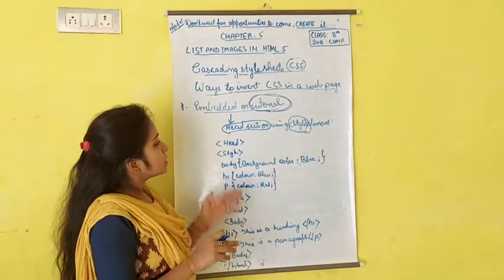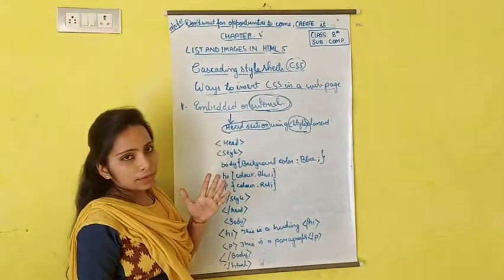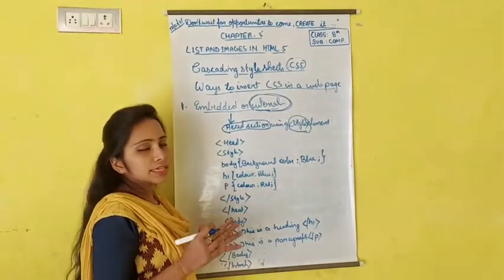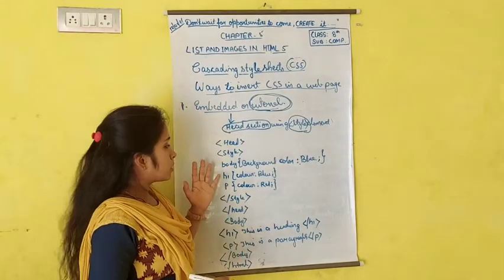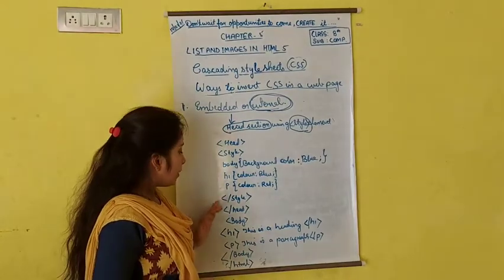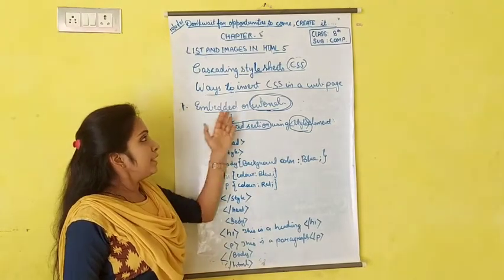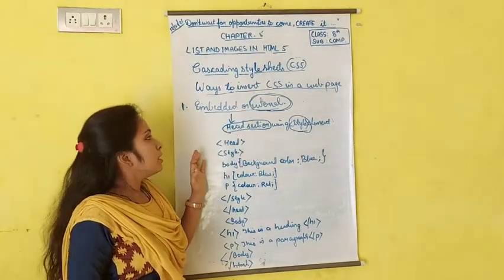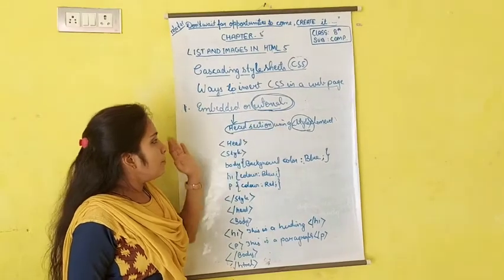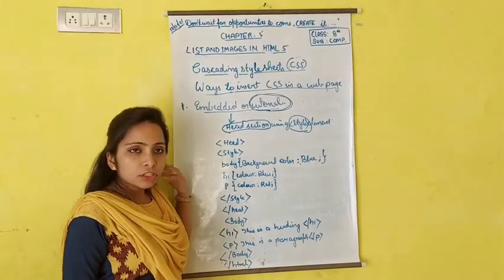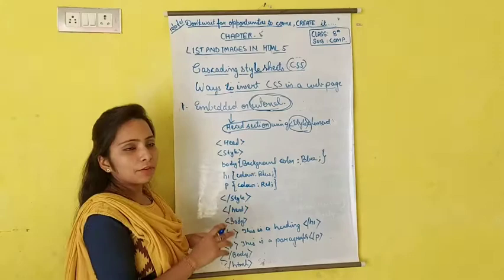Before moving to the next one, let's first see the example. Just let's give an example and understand what this is. See, this is a format of an HTML embedded insertion. This is the internal type, and when we want to change or edit something, this is the format we have to follow.